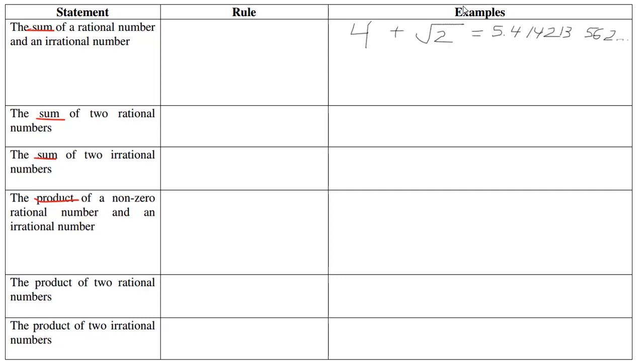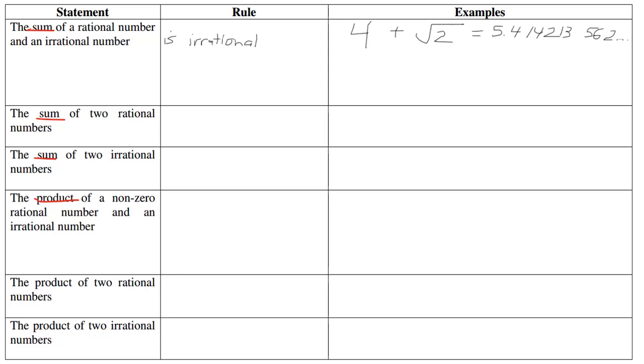I'm going to assume it keeps going and going. So what do I have here? I have a rational number and an irrational number. And my rule is no matter what, that answer will be irrational. Right, my answer is irrational.